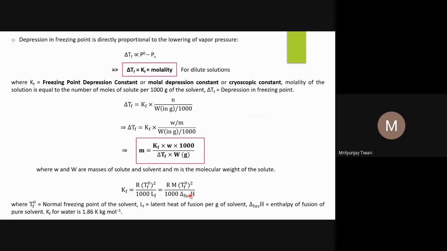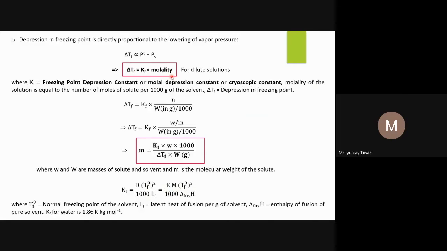And Kf, the freezing point depression constant or the molar depression constant or the cryogenic constant for pure water, is experimentally found to be 1.86 Kelvin kilogram per mole. You can define the unit from here. Delta Tf unit is Kelvin.